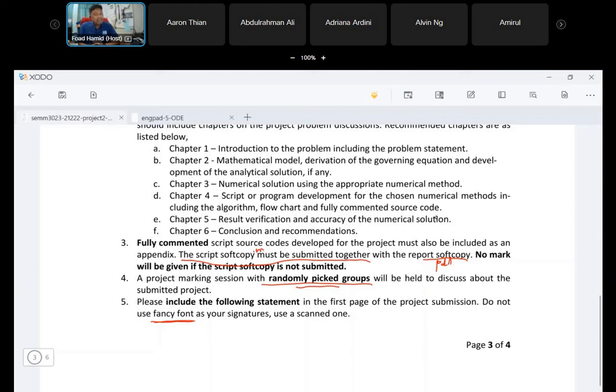Every semester there will be 1-2 groups who do not submit the source code. The excuses are all sorts. I've been teaching this class for a lot of years. You took this class maybe for the first time or maybe the second time. I heard a lot of the same excuses.